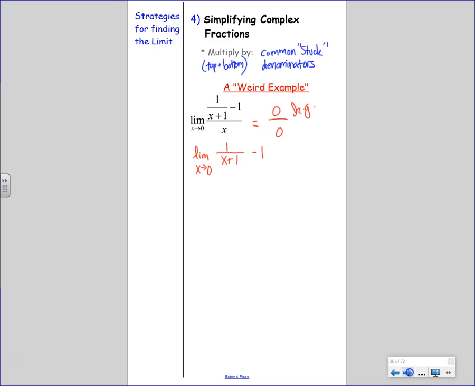Just like with radicals, it's kind of like, I don't know what to do looking at that. Okay, so let's multiply by something to change it up. What are we going to multiply by? Right here, the common stuck denominator. Who's stuck? x plus 1. He's the one messing me up. So multiply by x plus 1 on top and on bottom. Put parentheses. Everything's safe because you know how everything is grouped.